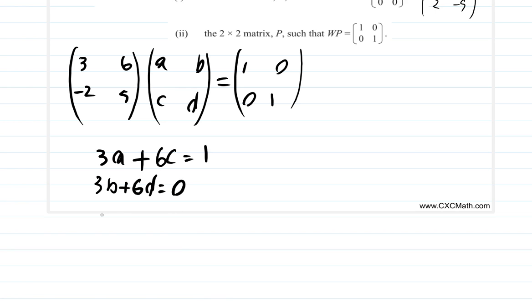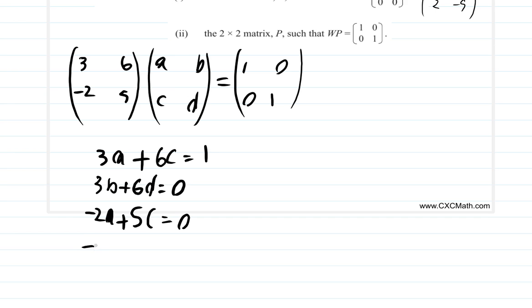So, it's going to be negative 2 by A plus 5C equals 0. Then to get this 1 down here now, it is in row 2, column 2. It's going to be row 2 by column 2. First elements multiplied, negative 2 by B, plus second elements multiplied, 5 by D. Alright?